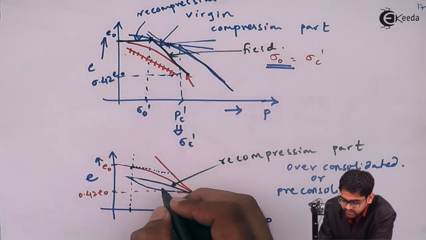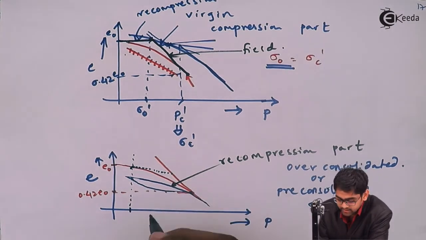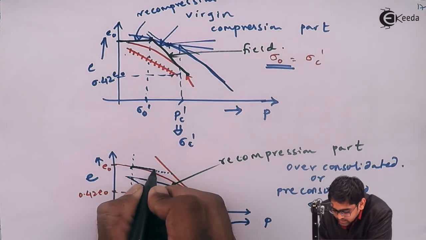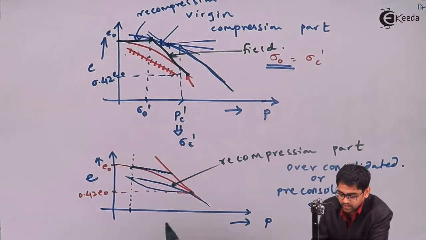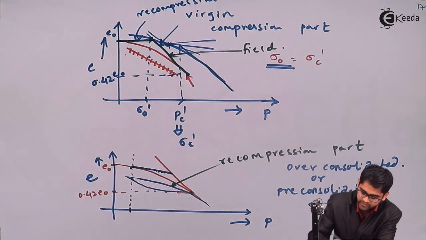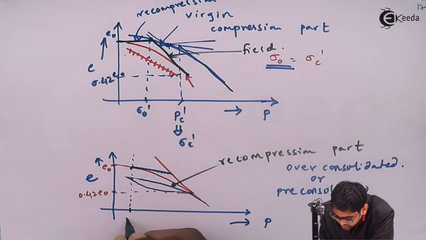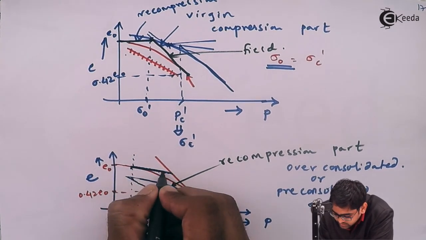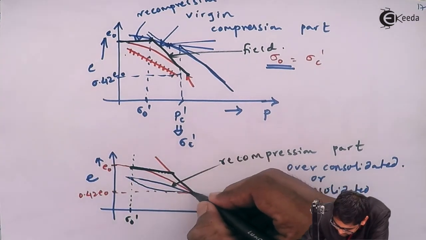The slope of this line is the Cr, that is, the recompression index. So this becomes your field curve from this sigma O dash, the present stress.